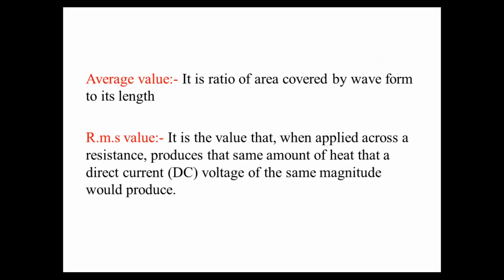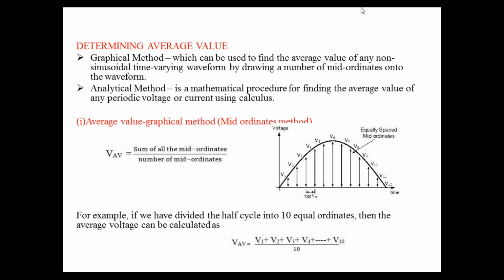Now, you know the basic definition of an average value in the fourth unit, that this is the ratio of the area covered by the waveform to its length only, and the RMS value also we know. Now we will learn in this class how to determine the average value and RMS value for different waveforms.